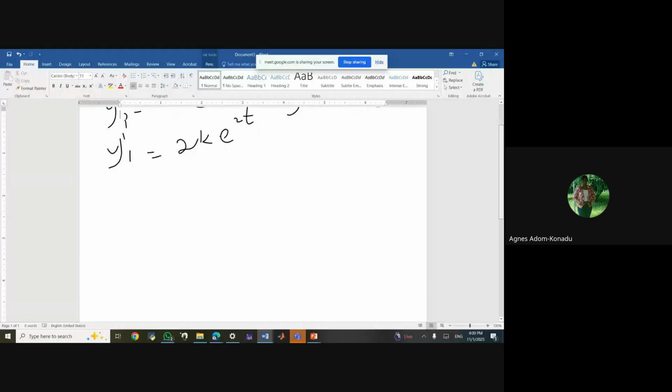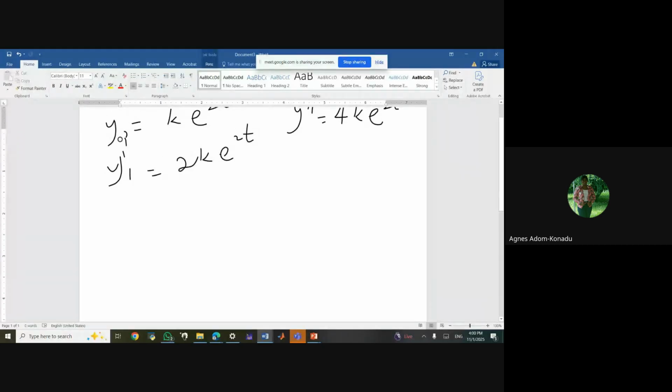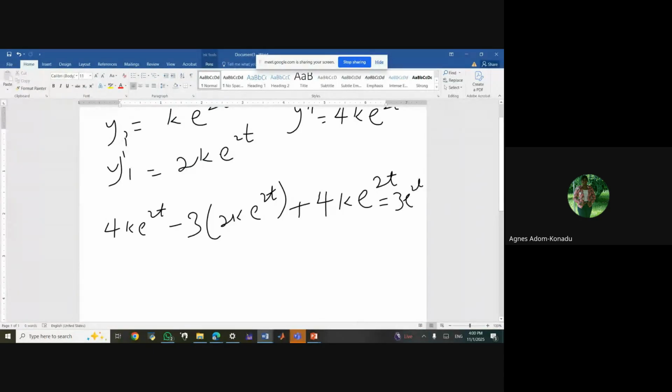So I go back and write the equation: 4k e to the power 2t minus 3 times 2k e to the power 2t plus 4 times y, which is 4k e to the power 2t, and this is equal to 3 e to the power 2t.